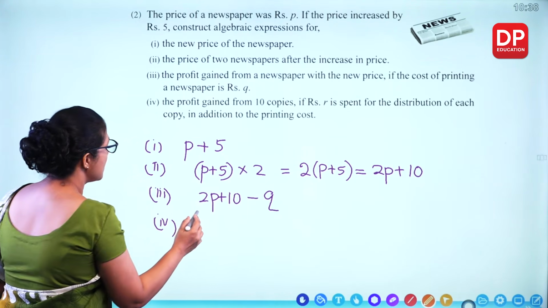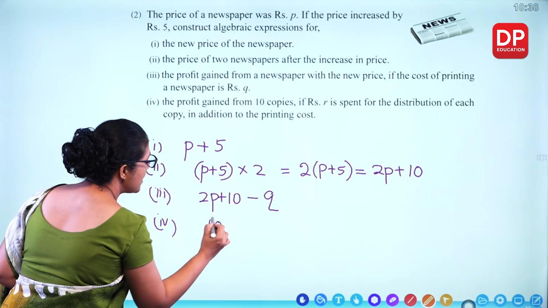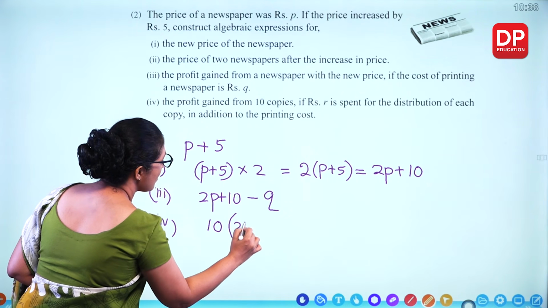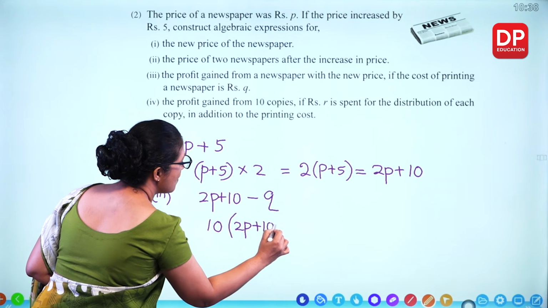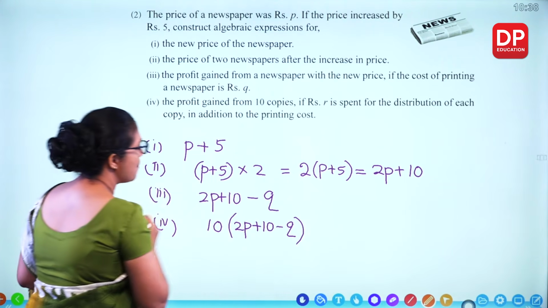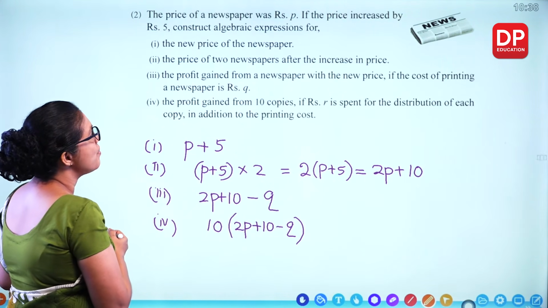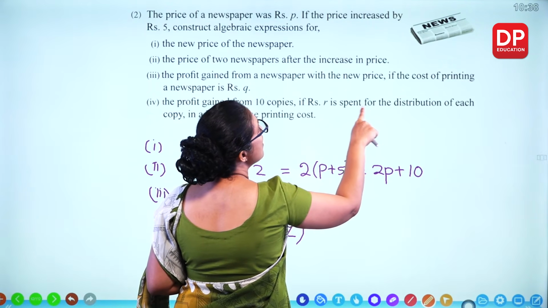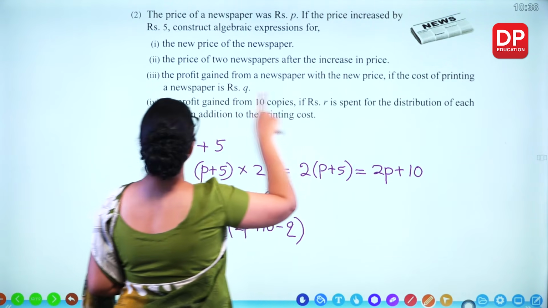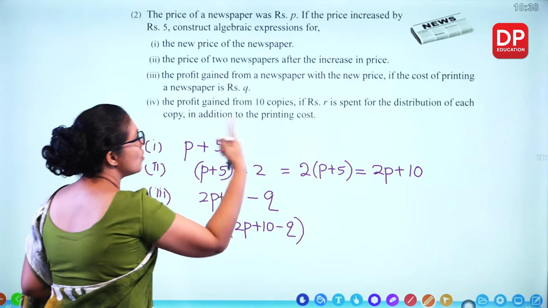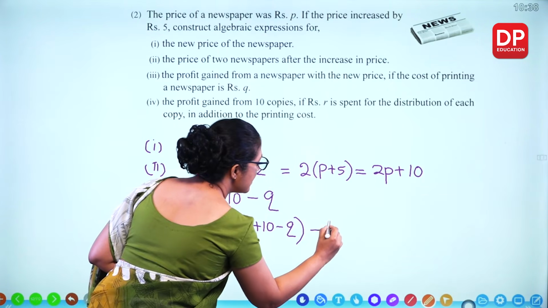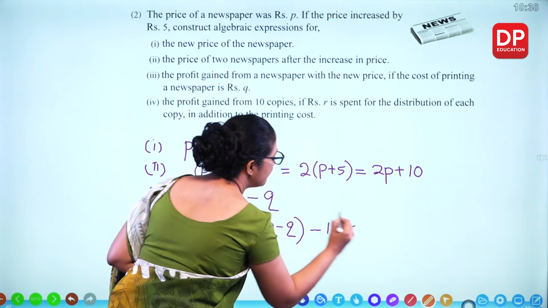Now we have to consider 10 newspapers. 10 newspapers is this much, and then you have to subtract. R is spent for the distribution of each copy. So to distribute 10 copies, that's 10R.